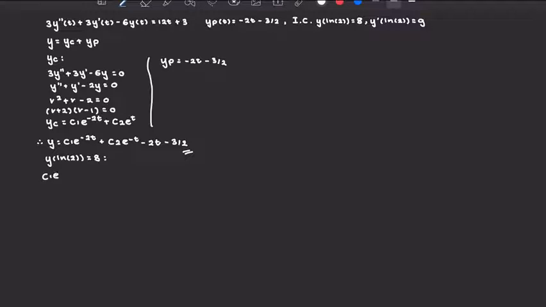C1 e to the negative 2 ln 2 plus C2 e to the ln 2, and actually this is positive t, so this is going to be e to the ln 2, minus 2 ln 2, minus 3 over 2, and everything here equals 8.